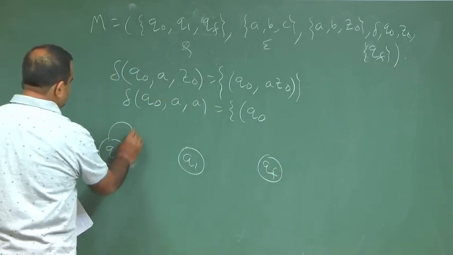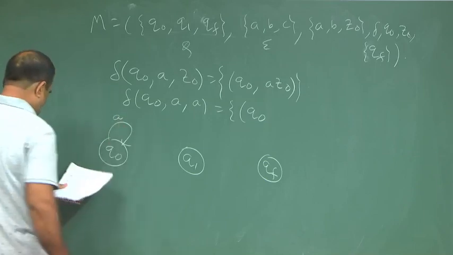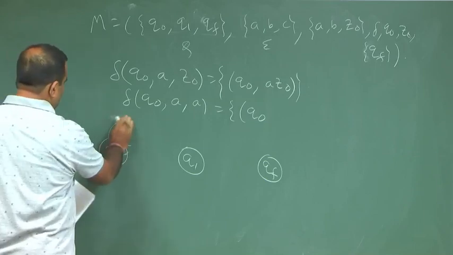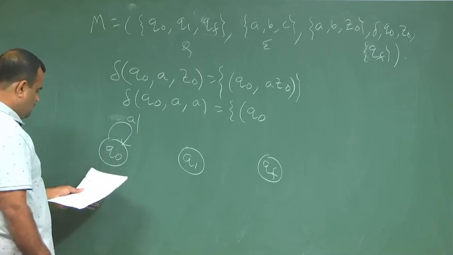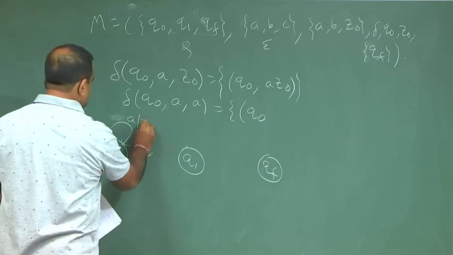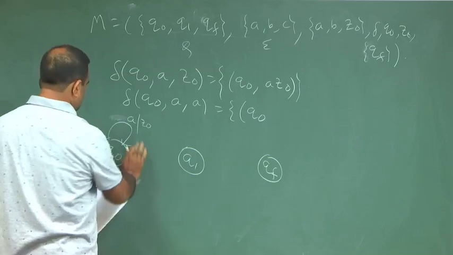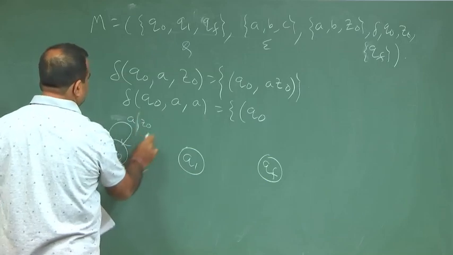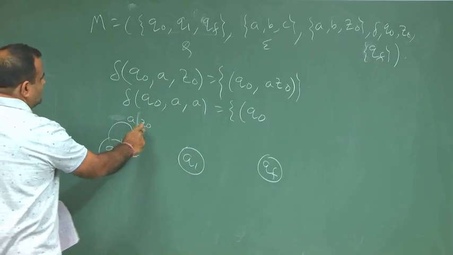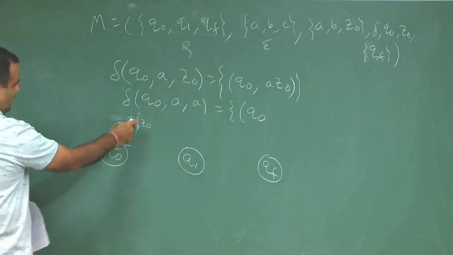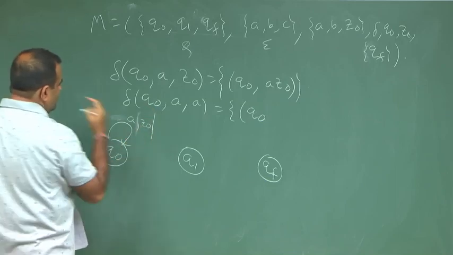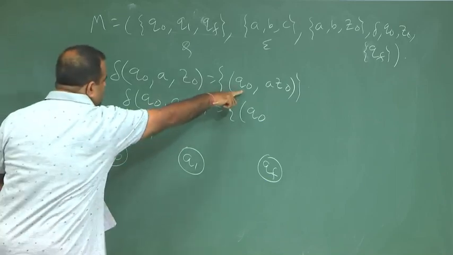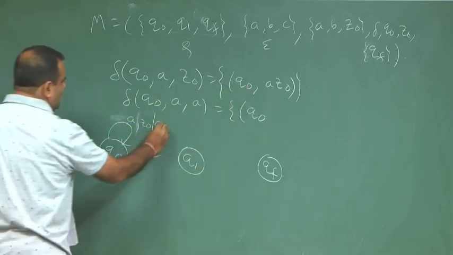So if we have Q0 and input A, if the stack symbol is Z0, sorry, the stack symbol here is Z0. So stack symbol is Z0, input is A and we are at Q0. So this will be replaced by, we remain at Q0 and the stack symbol will be A Z0.